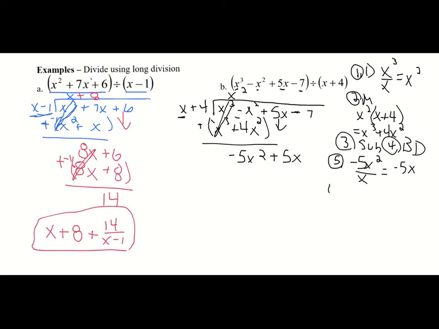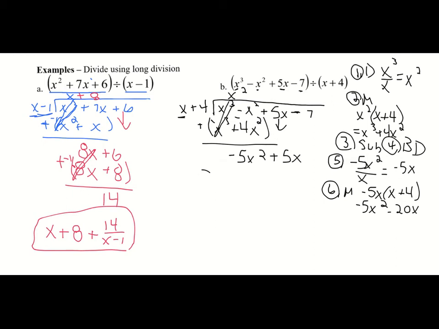And then we are going to multiply, so negative 5x times x plus 4 is going to give me negative 5x squared minus 20x.